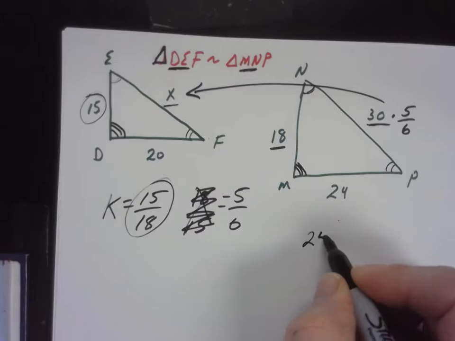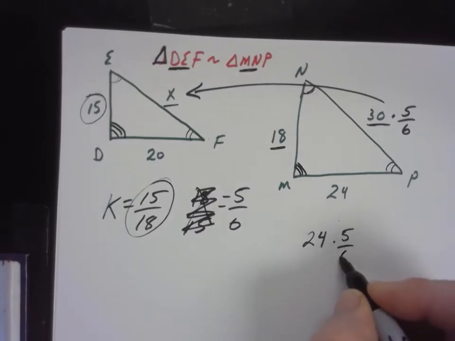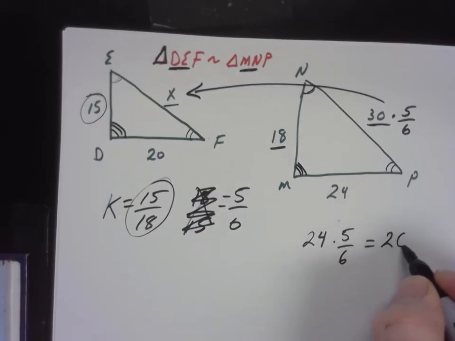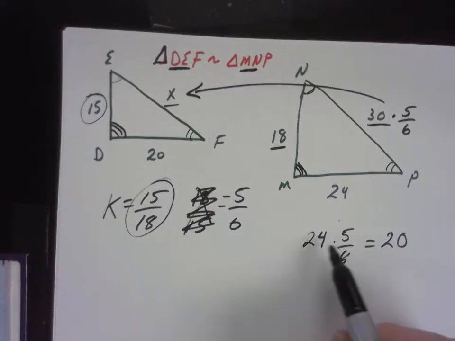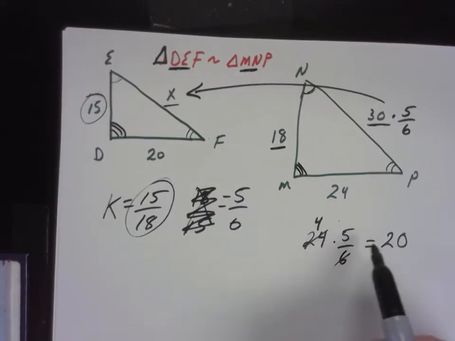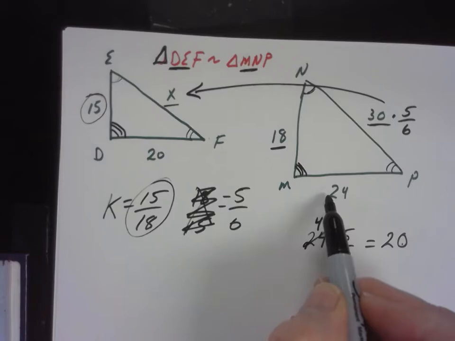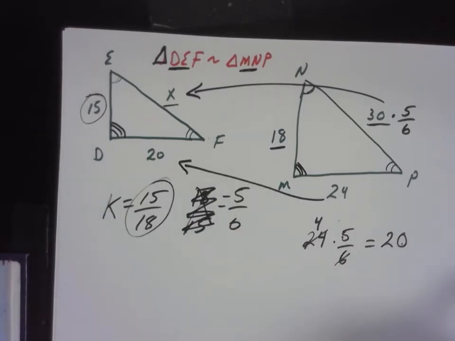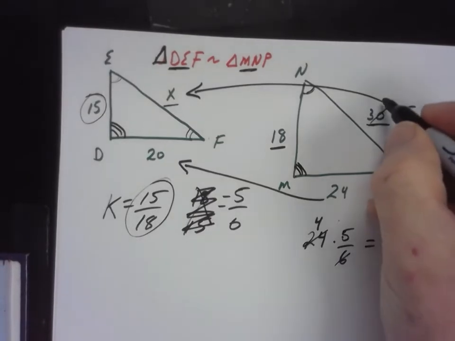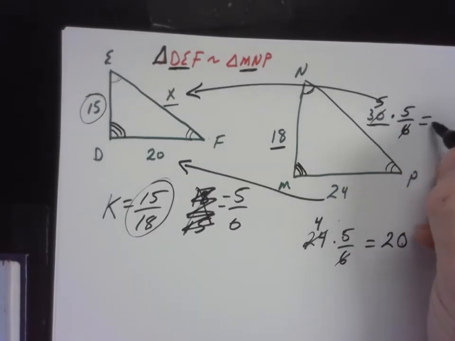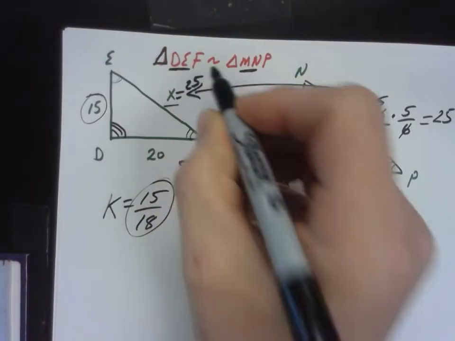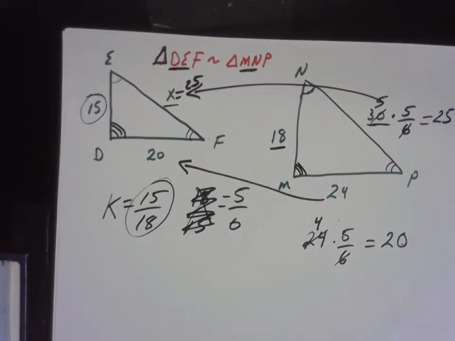Does 24 multiplied by 5/6 give us 20? So 6 goes into 24 4 times, and 4 times 5 works, doesn't it? Okay, so when I multiply 30 by 5/6, 6 goes into 30 5 times, and 5 times 5 is 25, so this one's 25.